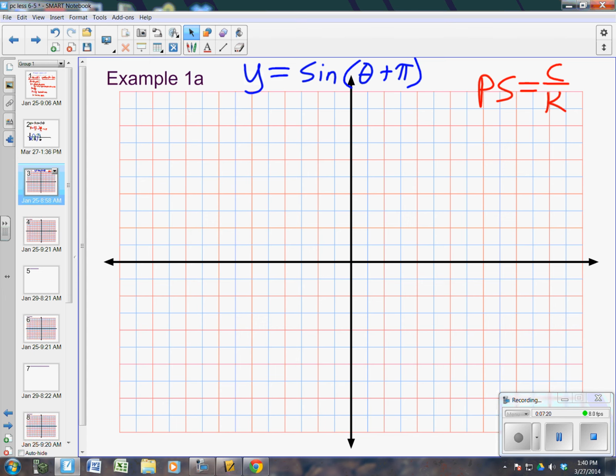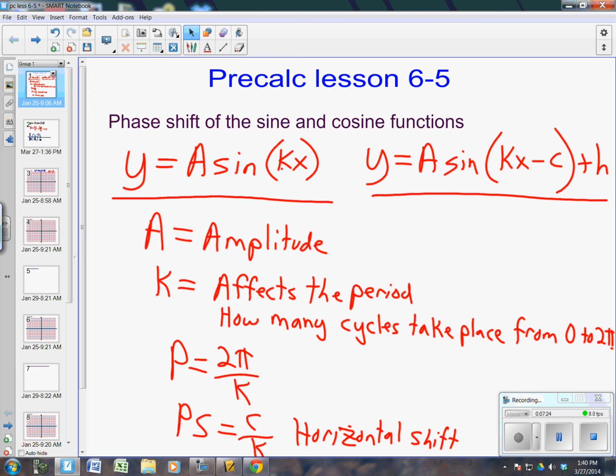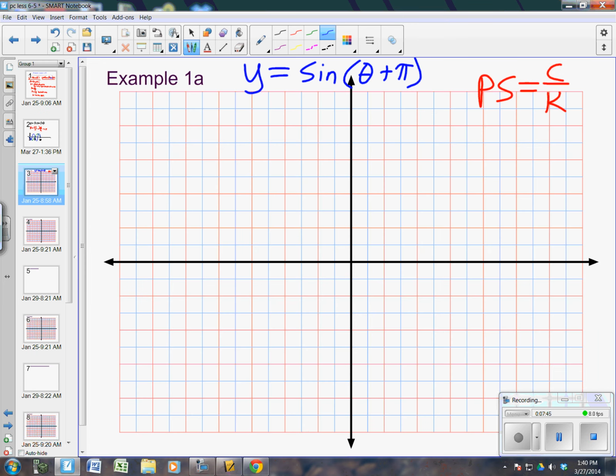And so let me go back to right here. C is this number right here. Okay? And K is this number right here. So if you're looking at this, notice that this is a minus sign right here. So back on that problem that we're working on, this is really saying theta minus a negative pi.